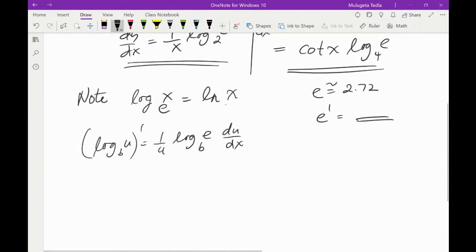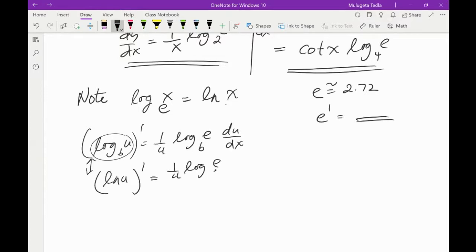If you replace log of u with ln of u, what do you get? The only difference between the two is that the base is b on the first, and the ln has base e. So it is 1 over u, the same, log of e to the base e, du by dx.